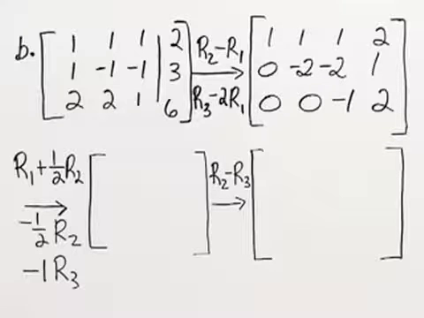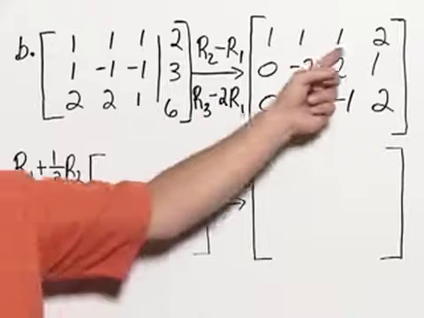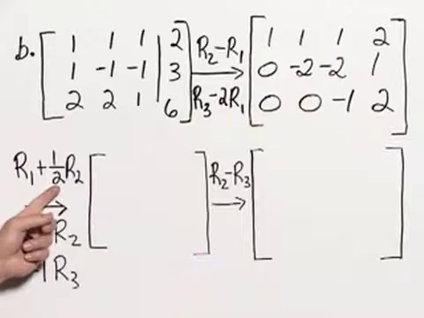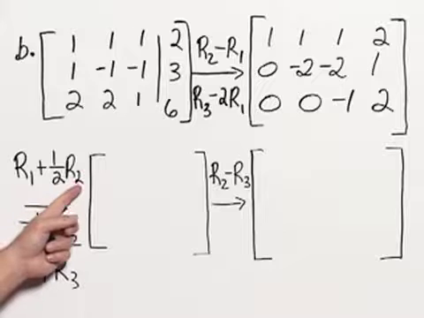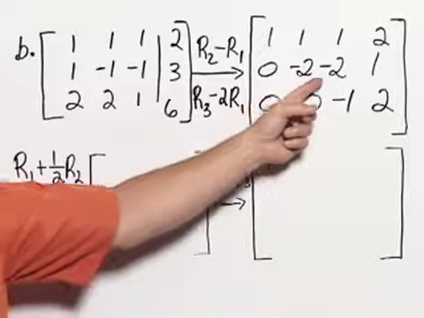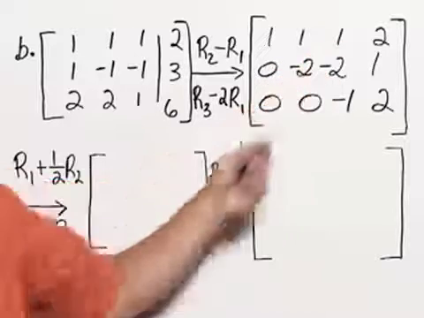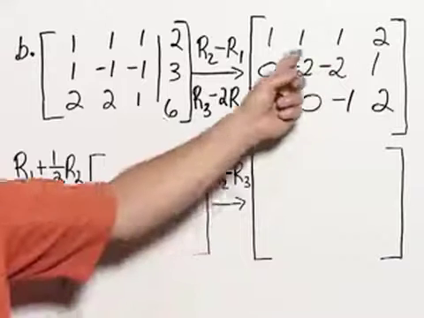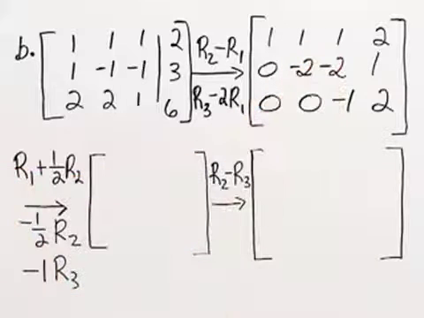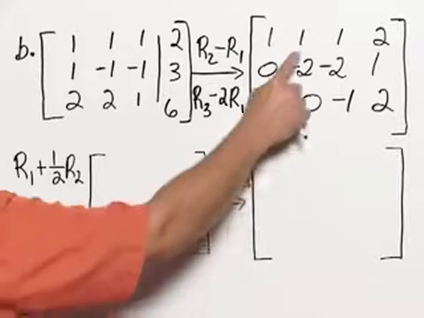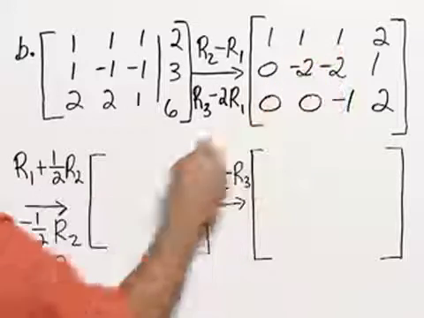Now let's take row 1 and add to it 1/2 of row 2. In so doing, we'll be creating some zeros in columns 2 and 3 in row 1.